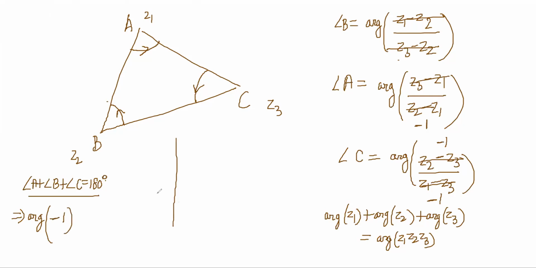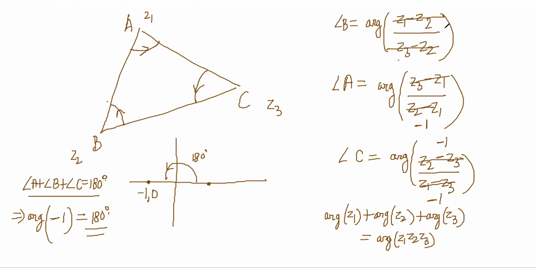Now what is the argument of minus 1? Let's think about it. Where is minus 1 on the complex plane? It is here, so it is clearly 180 degrees. If it was plus 1, it would have been 0. So if you had made a mistake in writing the arguments, you could have gotten a plus 1.